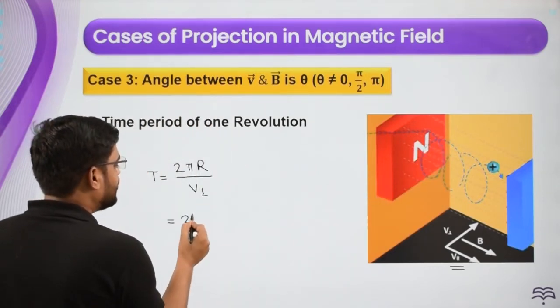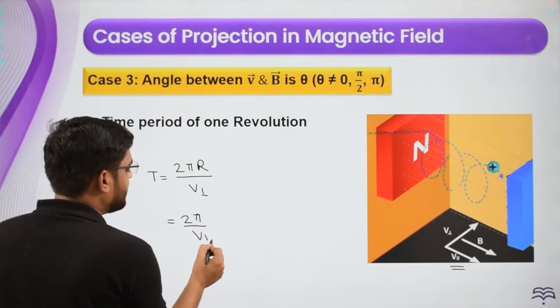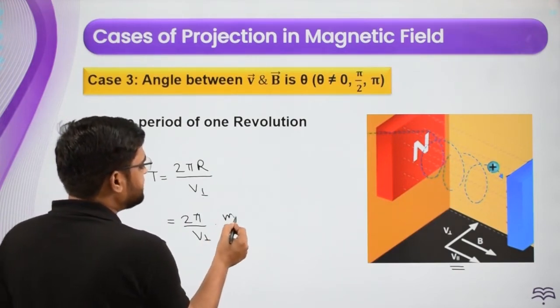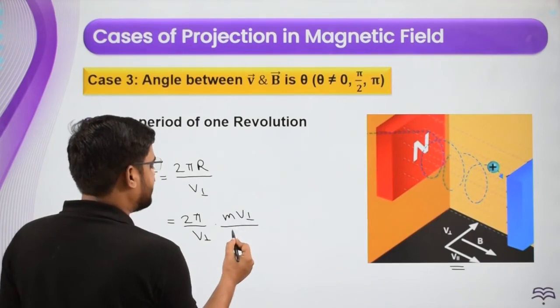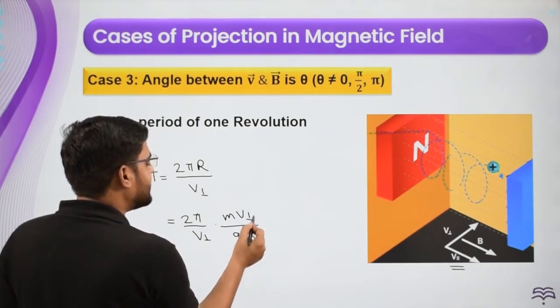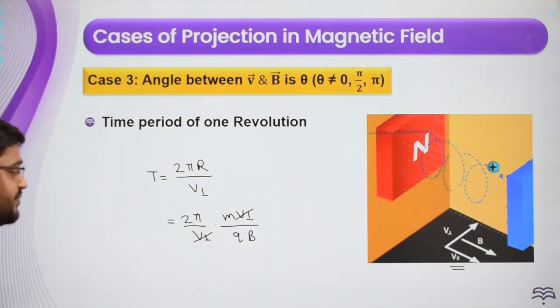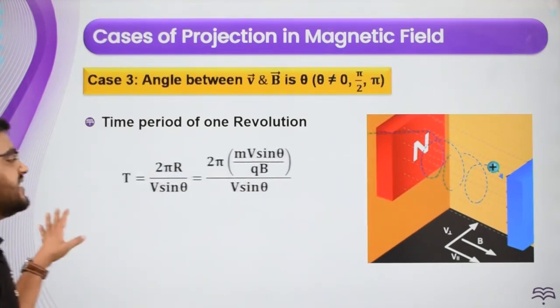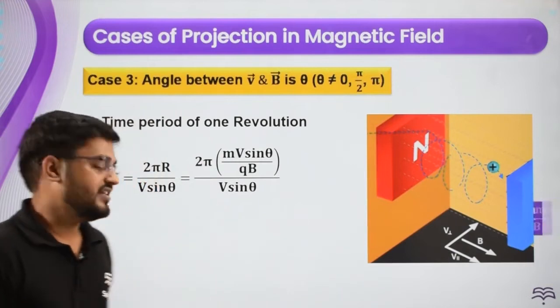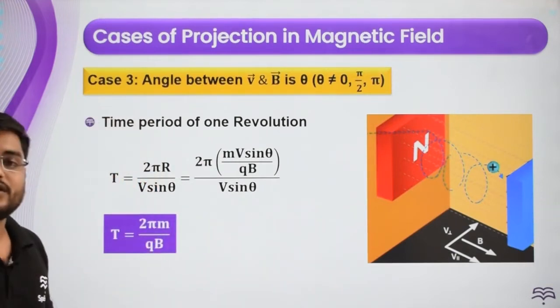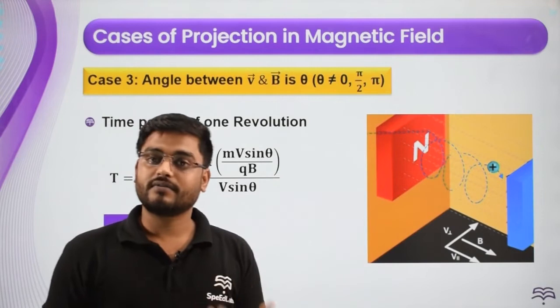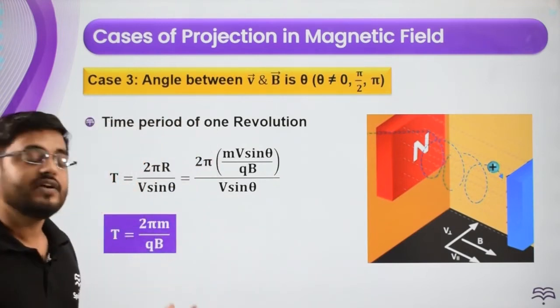And we know that it is 2 pi by v perpendicular, and r is what? m times v perpendicular, that is v sin theta by qB. Again here this v perpendicular gets cancelled and we get 2 pi m by qB, which was the same as the time period in the circular motion. Remember the expression was 2 pi m by qB. Here also it is basically independent of the velocity.